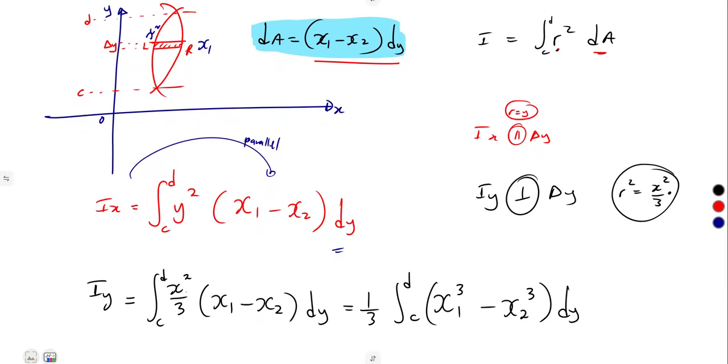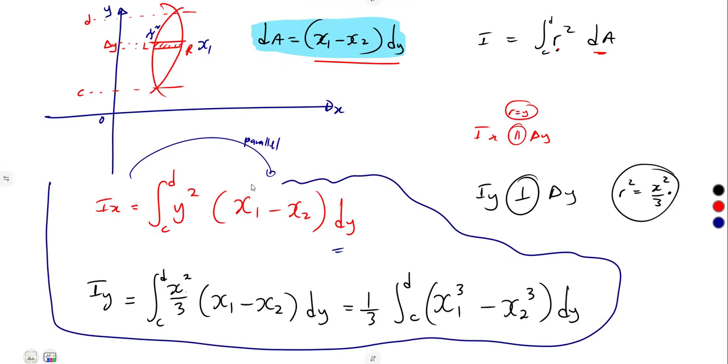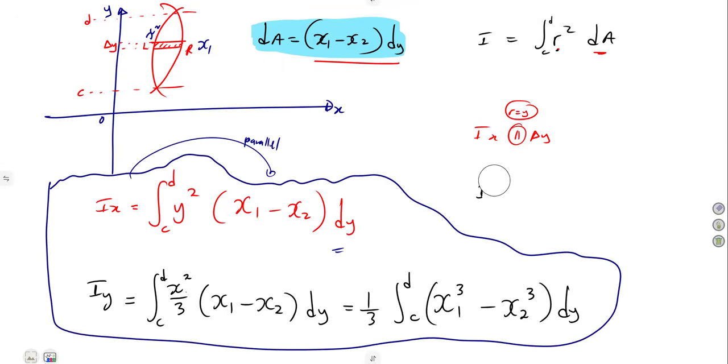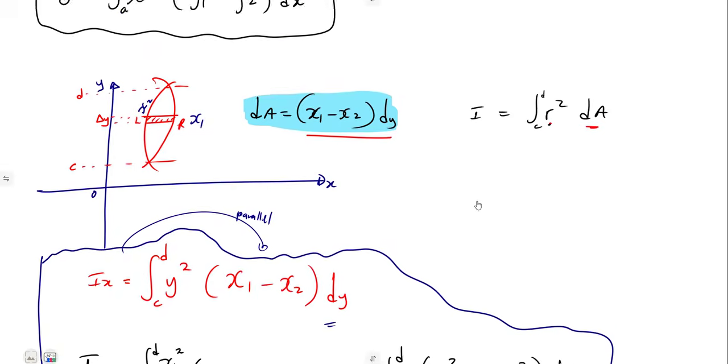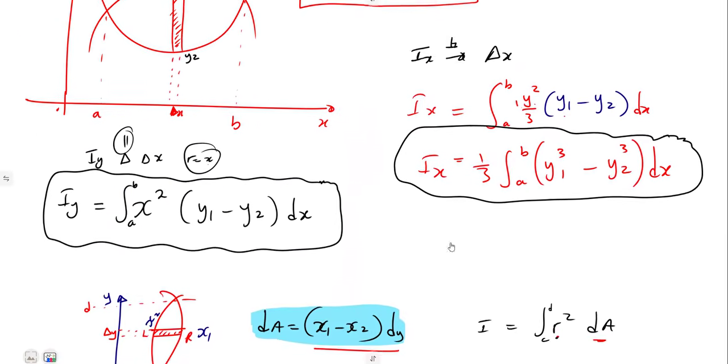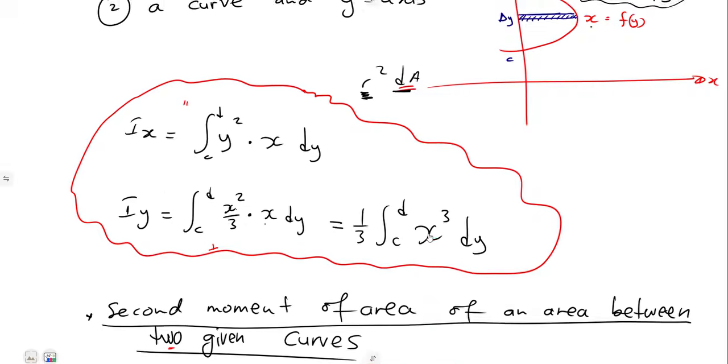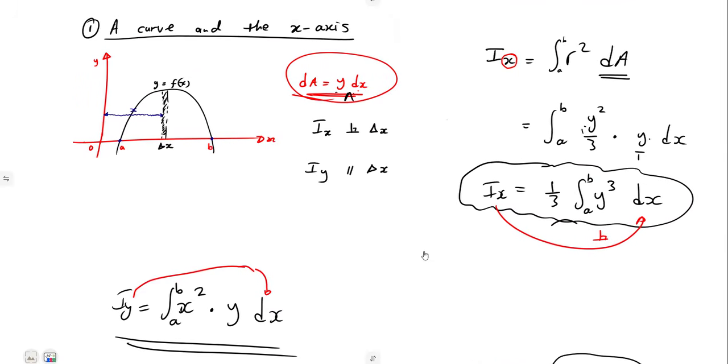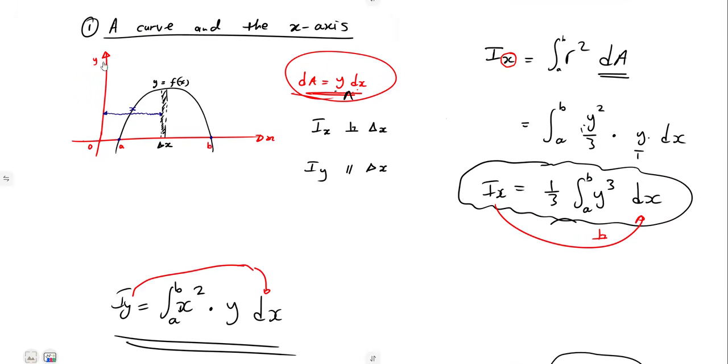Like I said, you can just memorize them. I thought I was just going to list them down, but as you can see, we ended up deriving all of them from scratch. Anyways, these are the formulas that you're going to have.